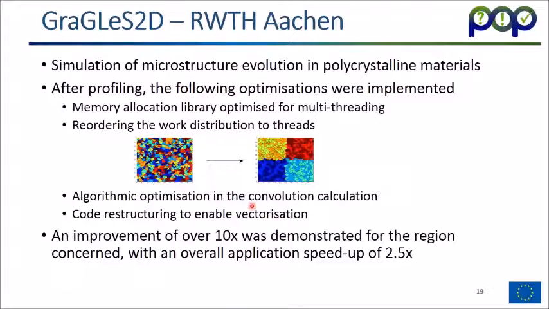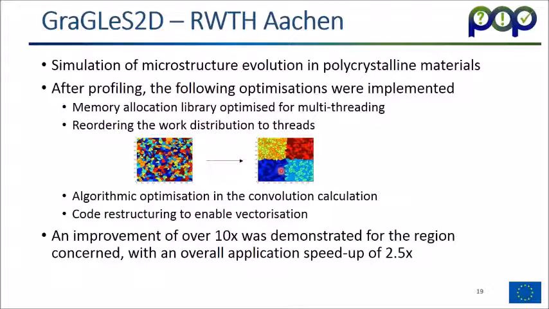So profiling was done here using Scholastica, and a number of optimizations as listed were implemented. You'll see a diagram on this one looking at how the work was distributed to threads before and after. That led to better data locality and so better performance.